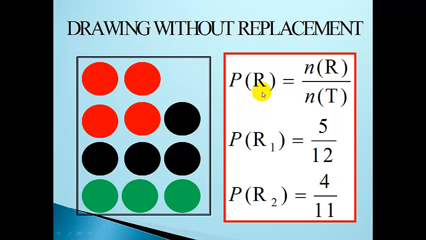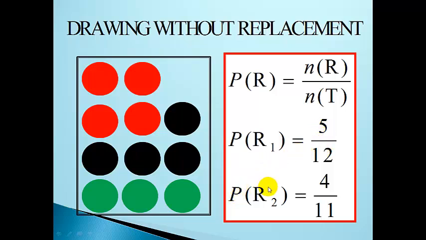Now, there is something I want you to look at here. Probability of R is the number of R over the number of T, where R is the number of red balls and T is the total number. Now, probability of R1 is equal to 5 over 12. That is, the red balls were 5 in the box, and we are taking one from the 5, so it is 5 over 12.